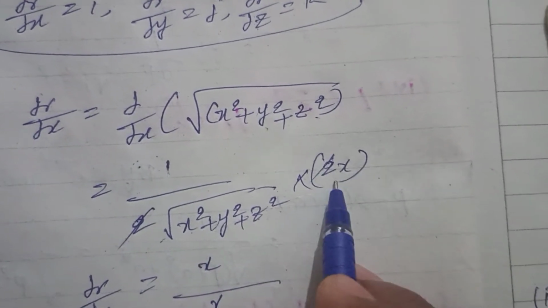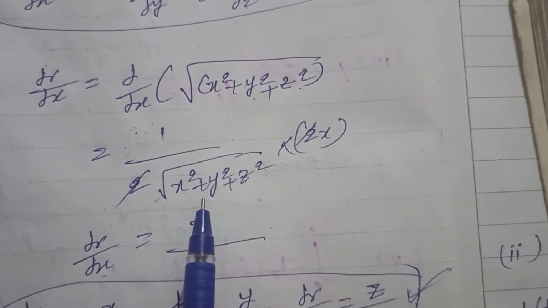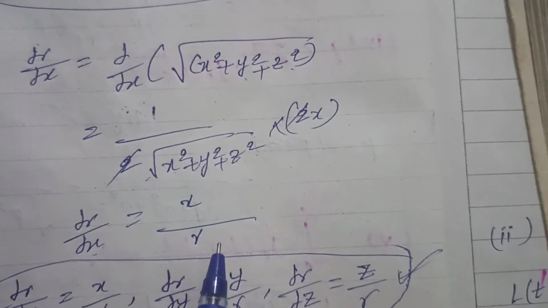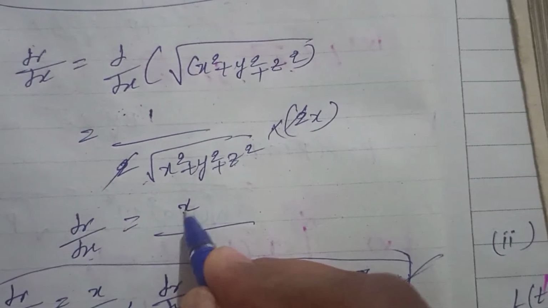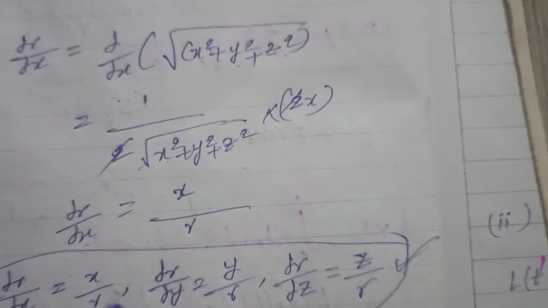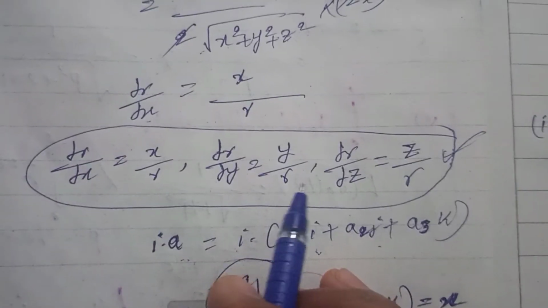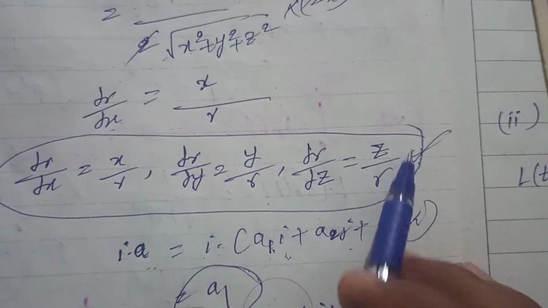This x square will become 2x, and 2 will vanish out. The square root of x square plus y square plus z square is r, so we get x by r. So dou r by dou x means x by r. Similarly dou r by dou y means y by r, and dou r by dou z means z by r.